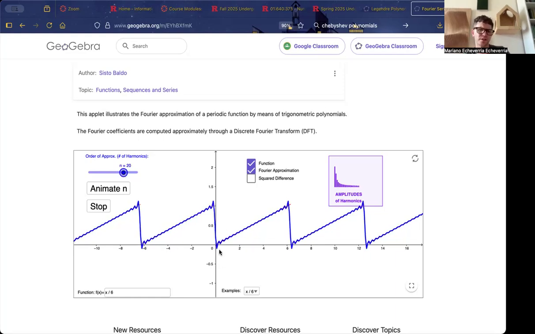There are some issues at the points of discontinuity, but that's also well studied. This is a different perspective in terms of approximation, where you're using sines and cosines to approximate the function. For a reason that I won't get into because it involves complex numbers, this is called trigonometric polynomials.